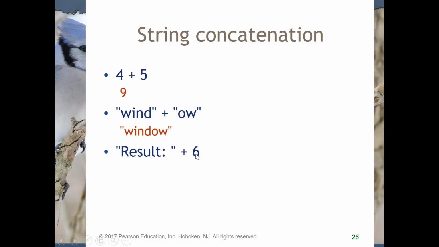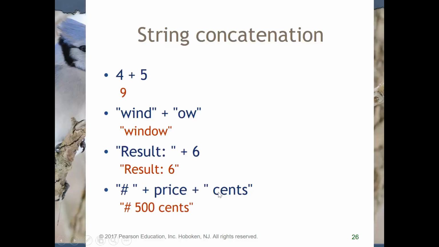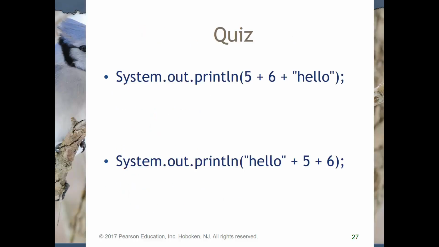So result plus 6 says, I'm already a string, take the 6, stick it in there, so you'll get result 6. Starts with a string, number in the middle, therefore everything must be a string. Plus you can't add a string to a number. So number, price, cents, do it all together. 500 cents. Okay? Overloading is an example of this.